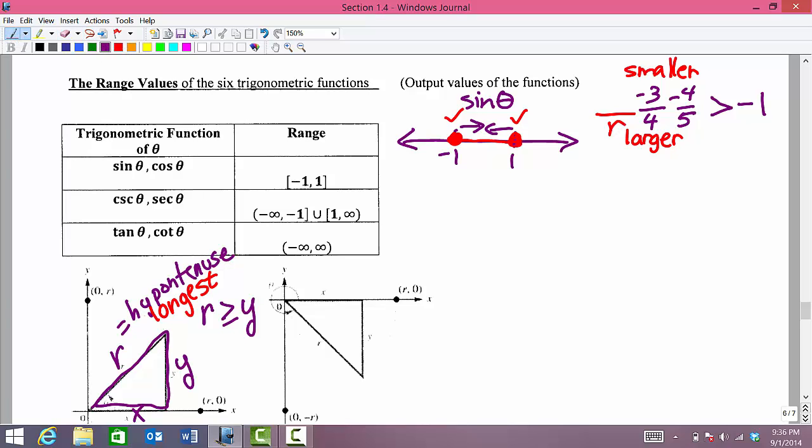X and y both must be smaller than r. And if x is very, very similar to y here, then the same must be true for cosine. Since x and y are both smaller than r, the relationship for sine and cosine would have to be the same. So cosine and sine are both between -1 and 1.